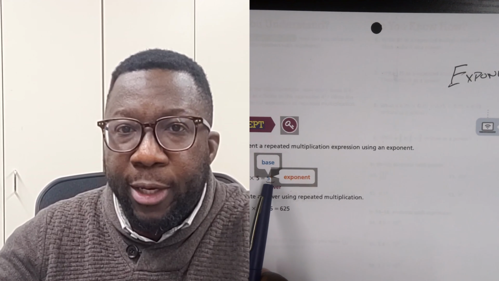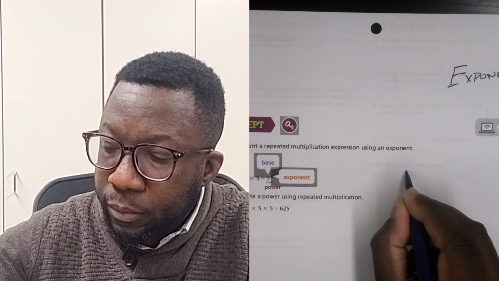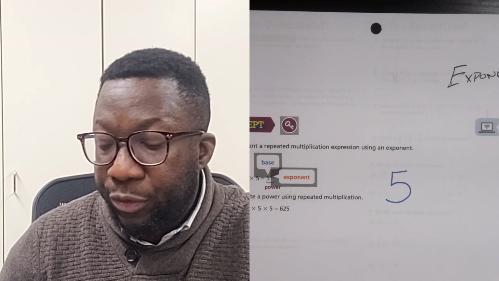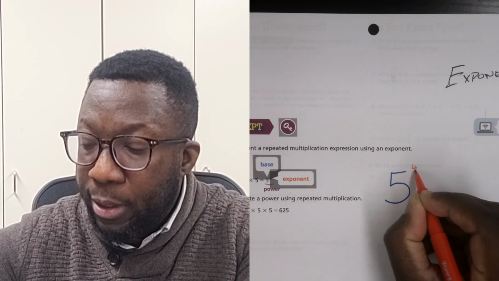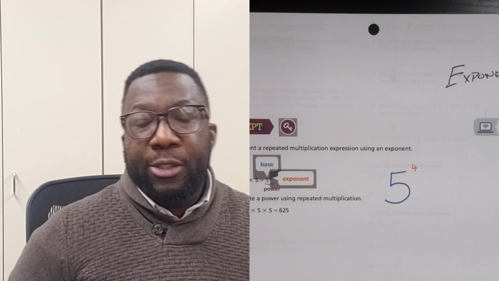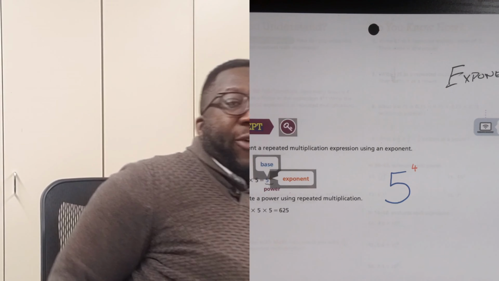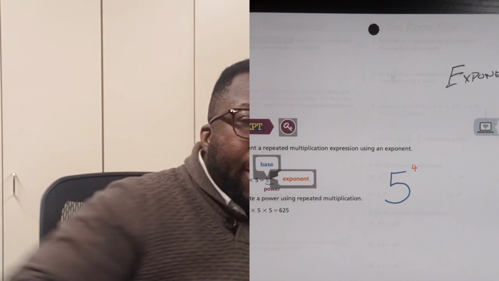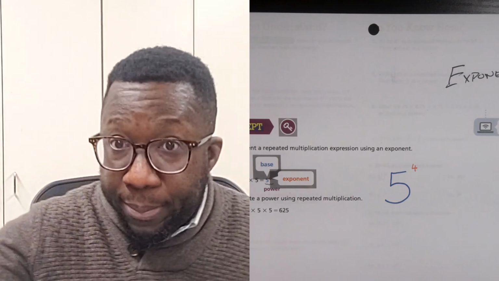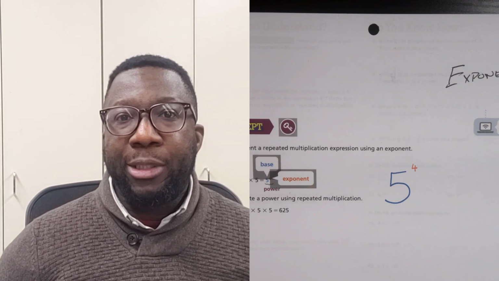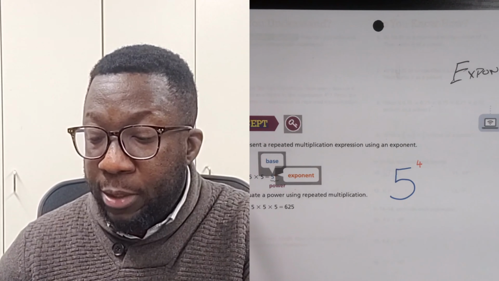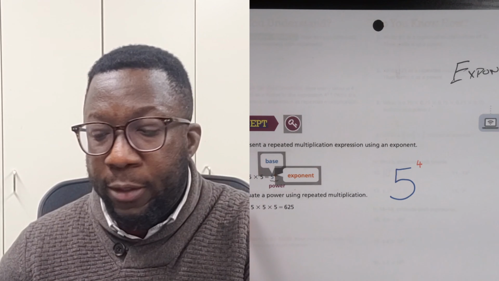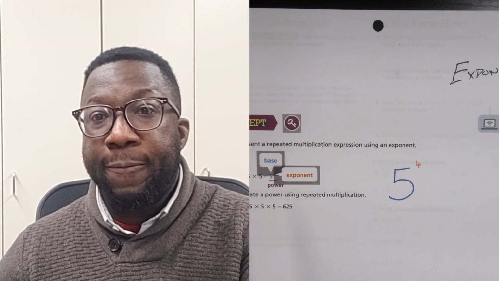That large number 5 is what we refer to as our base, and the 4 is the exponent. The 5 being the base lets us know this is the factor that is going to be multiplied, and the exponent lets you know how many times it's going to be multiplied to itself. So in this example, 5 to the 4th power means 5 times 5 times 5 times 5.